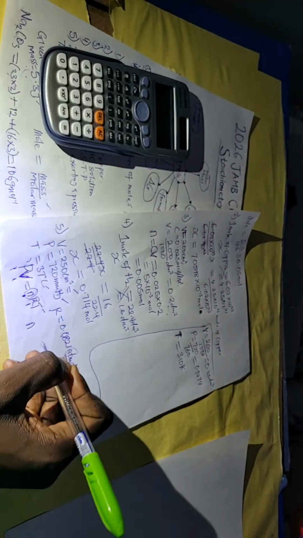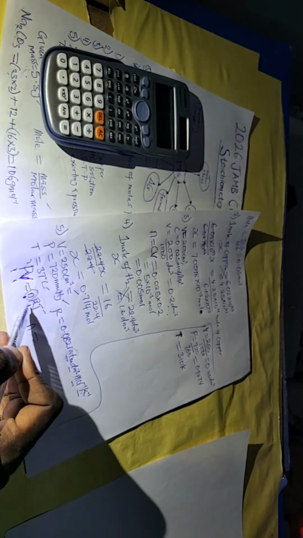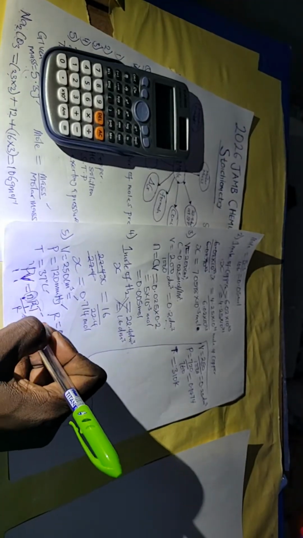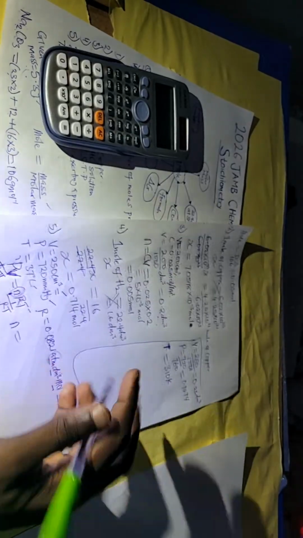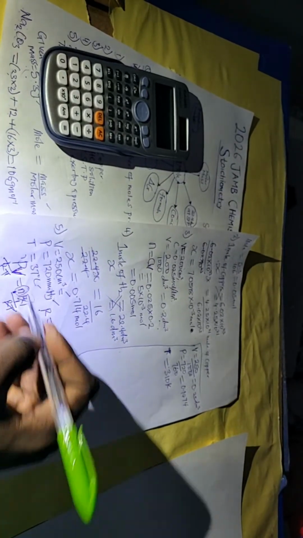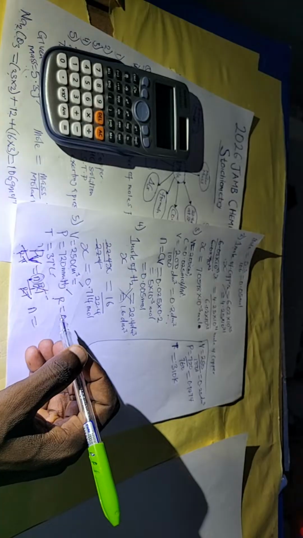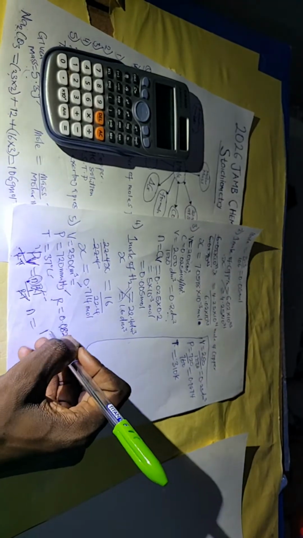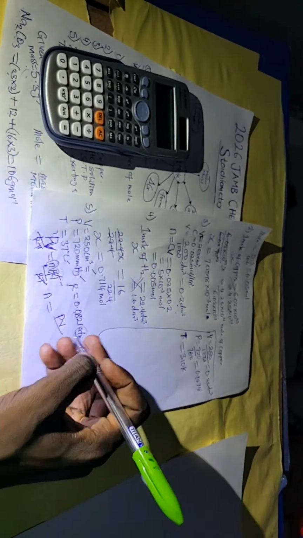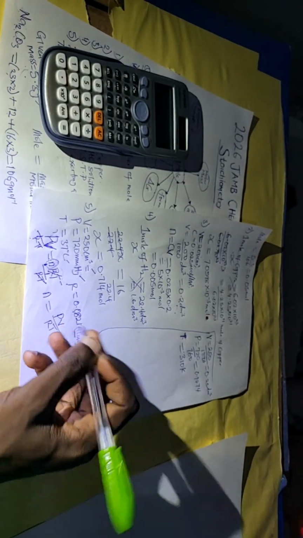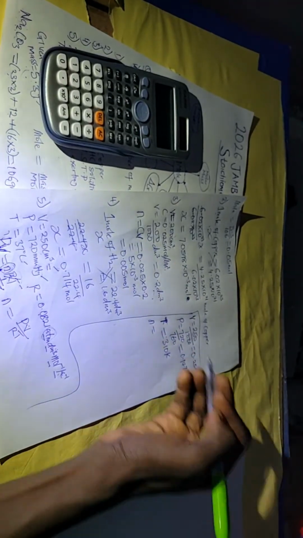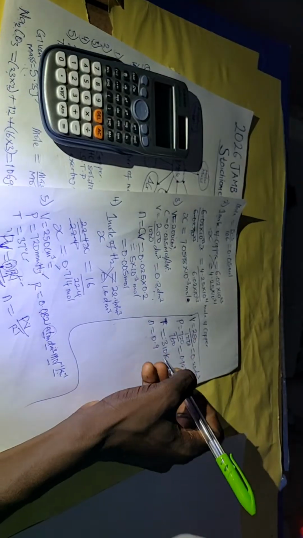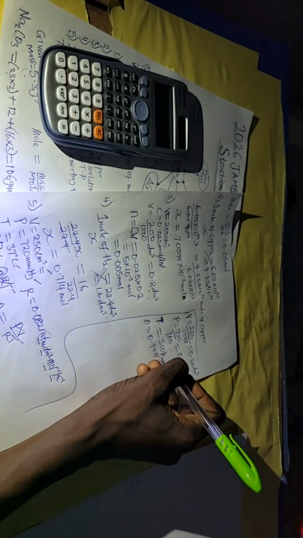We cancel RT on the right side, and I am left with n equals PV over RT. Our P is the pressure, which is 0.9474.